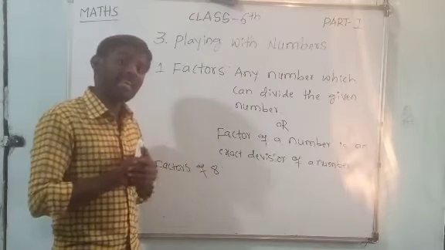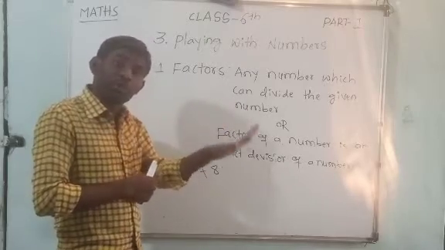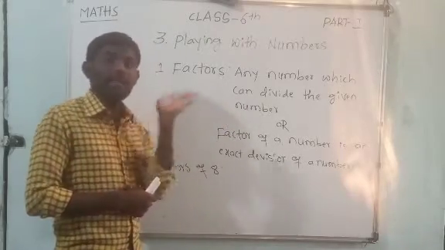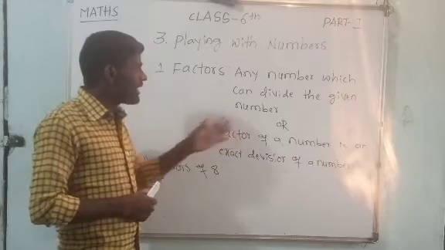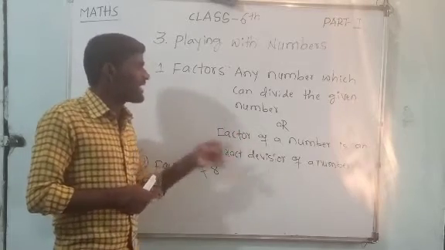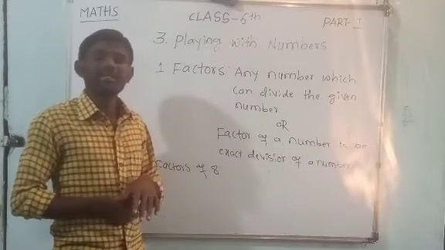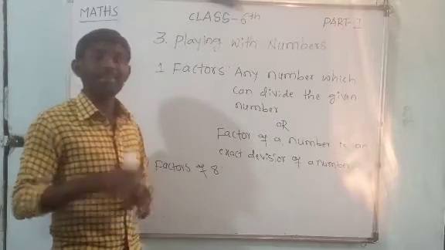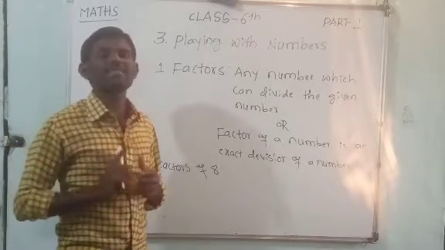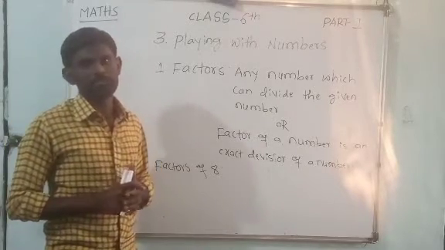Any number which must divide this number completely is a factor; a factor of a number is an exact divisor of that number.